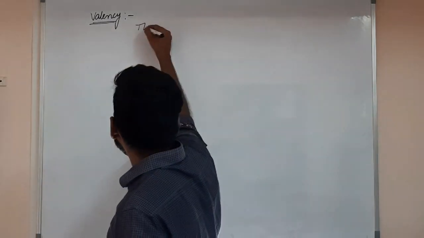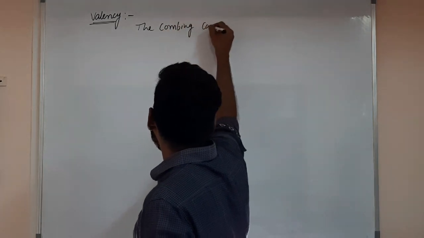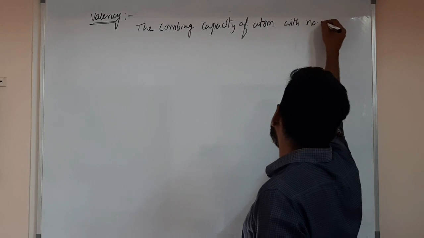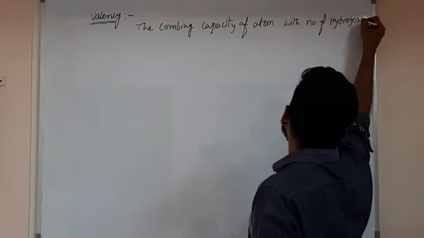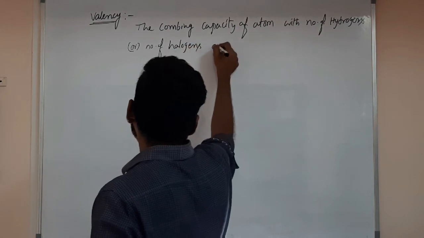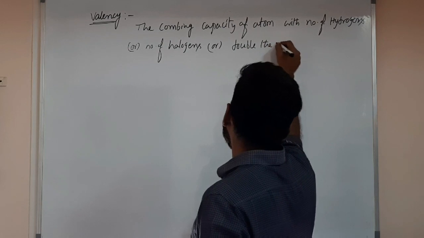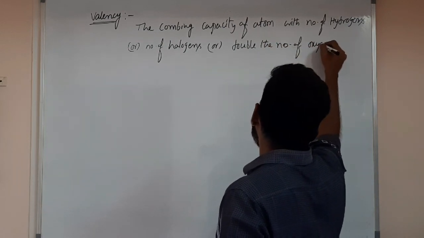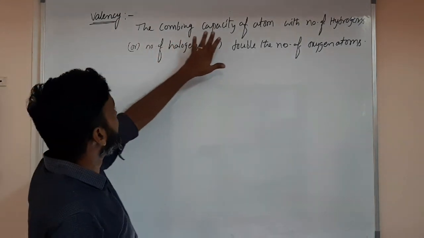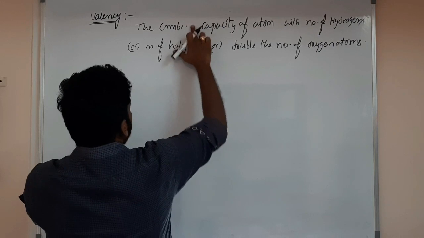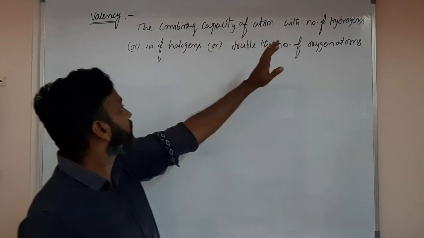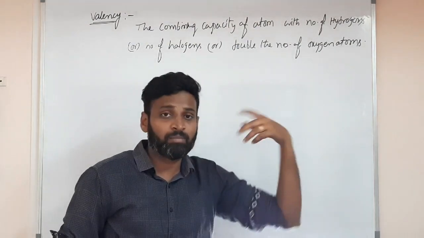Understood what valency means? Valency means the combining capacity of an atom with the number of hydrogens, the number of halogens, or double the number of oxygen atoms. Why double the number, are we saying?